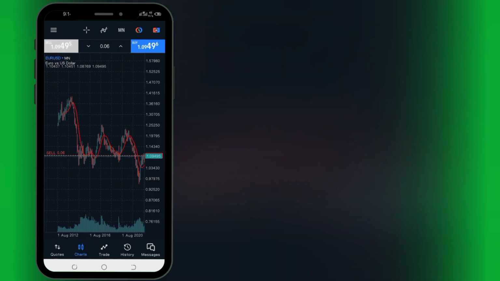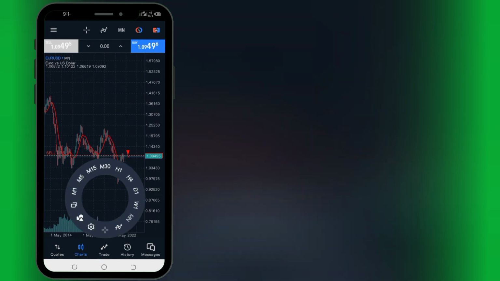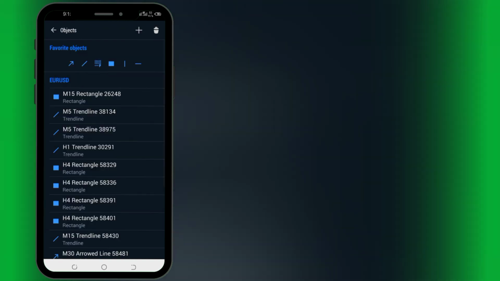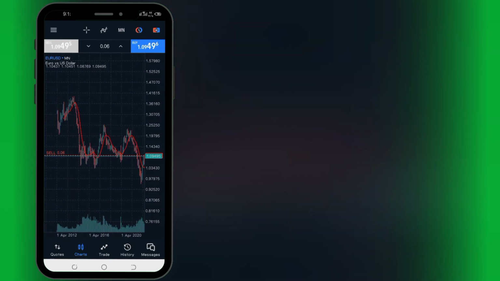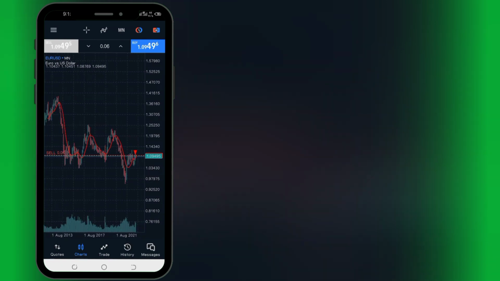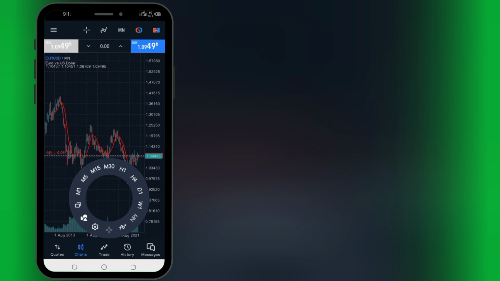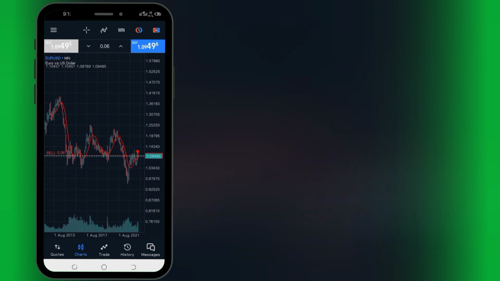I'm going to use my cursor too. You can see right here. Let me just snap it and use it for demonstration purposes.